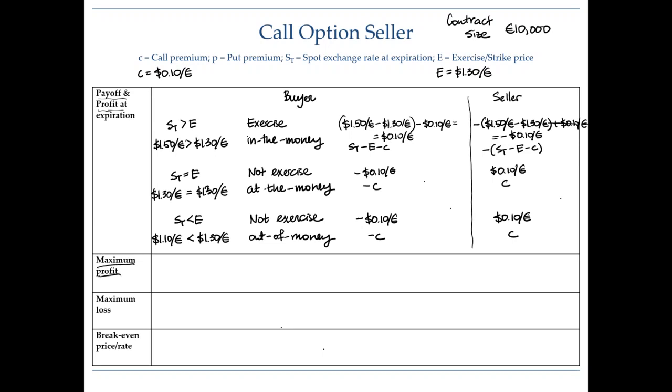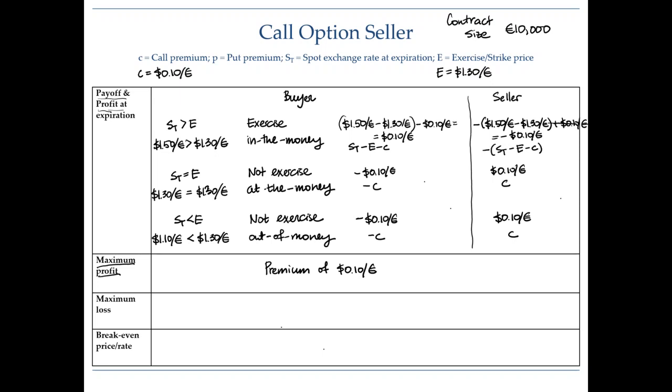So if you take a look at the maximum possible profit for the seller of the call option, the best case is if the buyer does not exercise this contract and the seller simply keeps the premium. So the most they can make is the premium of 10 cents per euro, because remember that the buyer will exercise this contract only when it's profitable or beneficial for the buyer to do so.